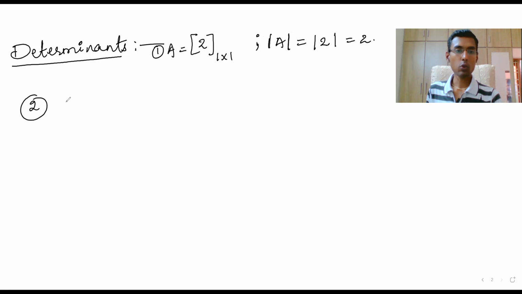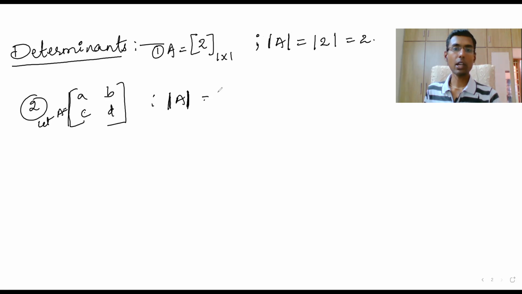Let's say you have a 2 by 2 matrix. Let A equal to this matrix: A, B, C, D. Then det A we write like this, with 2 lines, like mod A. Det A is now det of A, B, C, D, and this we define as A into D minus BC.